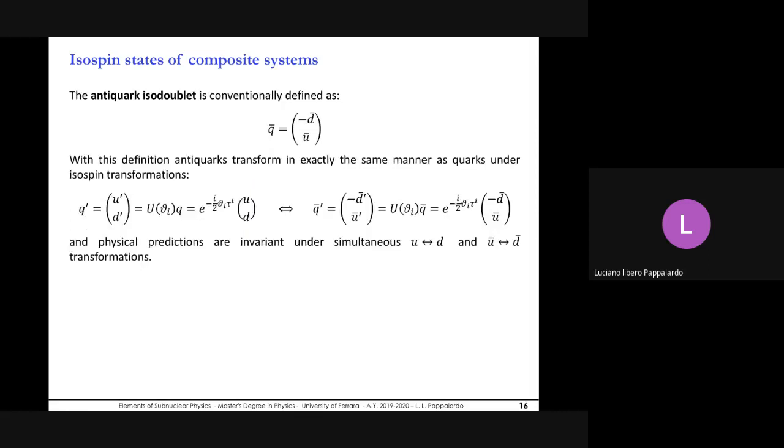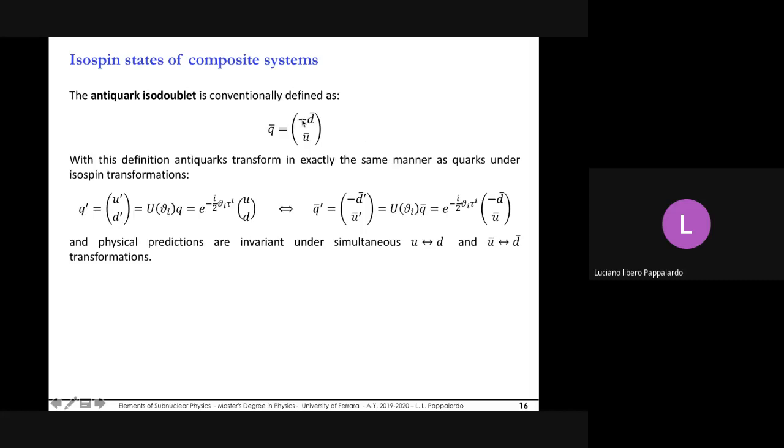Now, what about antiquarks? We're talking about the quark isospin doublet. The antiquark isospin doublet is conventionally defined in this way. The top particle is minus anti-down quark, and the bottom particle is the anti-up quark.